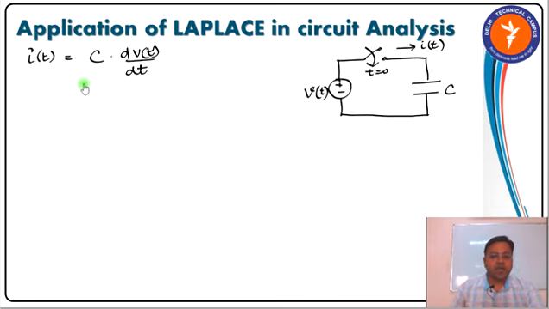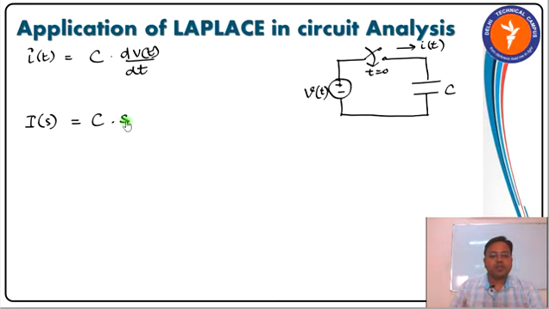Let us now take the Laplace transform of this equation, both sides. After the Laplace transform, I will write this It as I of S. The C will be C here because it is not dependent on time, it is a constant scaling this, so I will keep it like this. And see here we have the derivative of Vt.